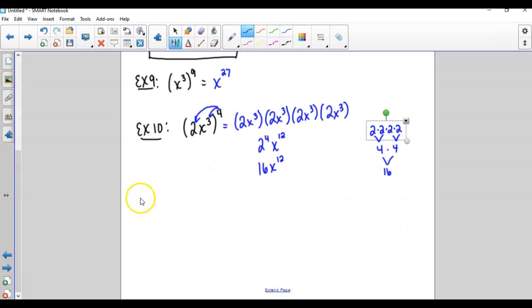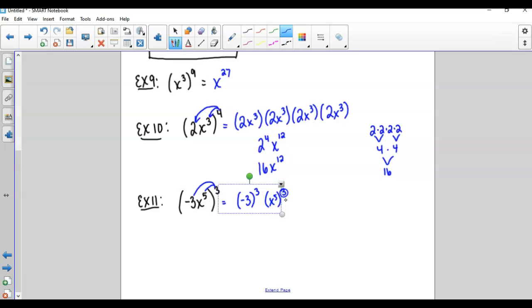So let's say that we've got, for example, 11. Let's say that we've got negative 3x to the fifth raised to the third power. Okay, so to do this, we're going to think we're raising both terms to the third power. So that is going to be like this. We're going to have negative 3 raised to the third power, and then we're going to have x to the fifth raised to the third power.